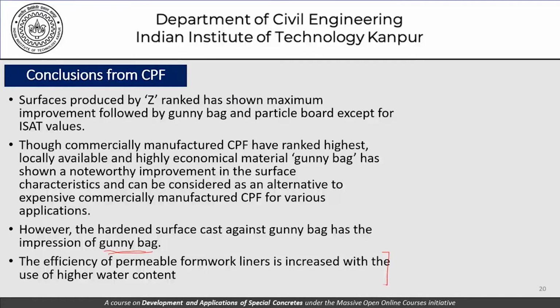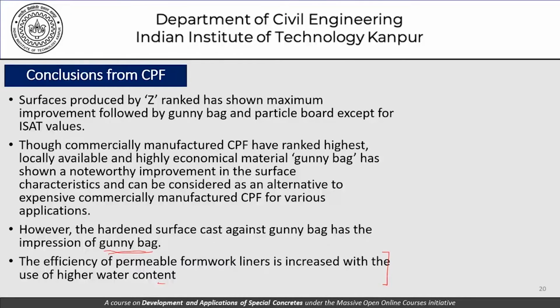Of course, this conclusion we have not stressed too much in our discussion today, because that was the P1, P2 kind of discussion. That is when I said that P1 and P2 are for the same CPF liner but different concretes, and the different concretes had different water contents, but that's not really a major discussion point today.